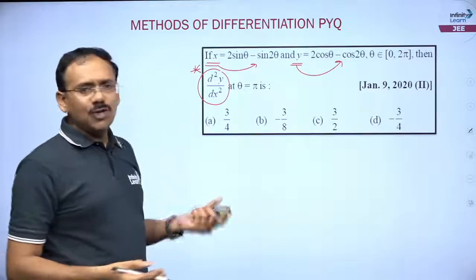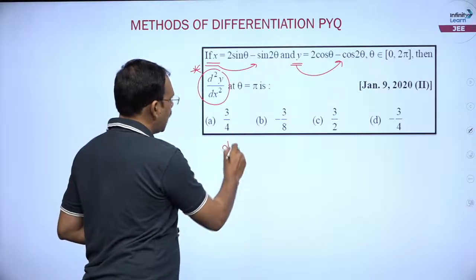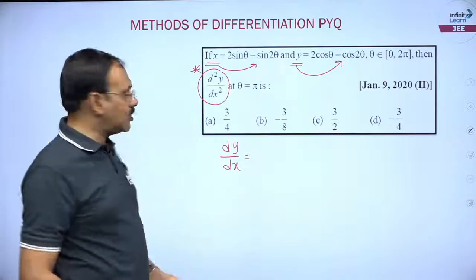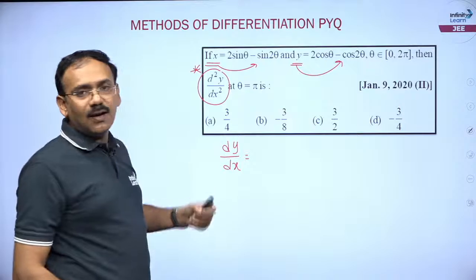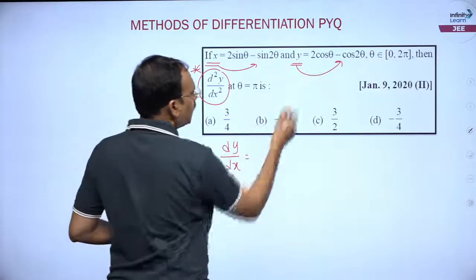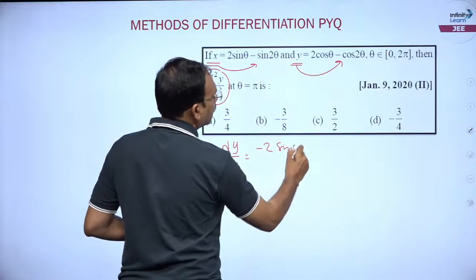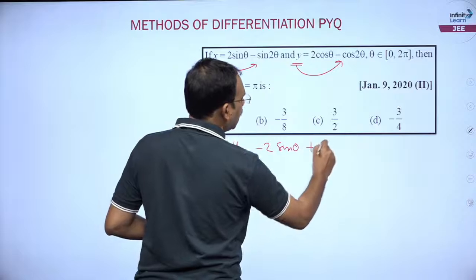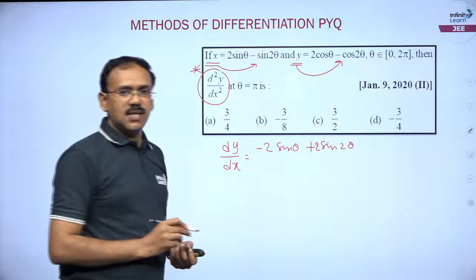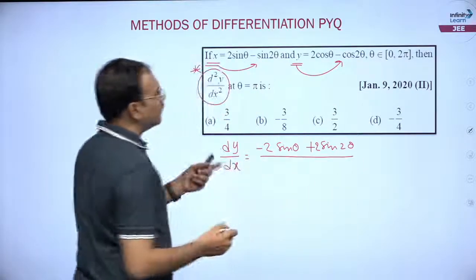So, first what you need to do is find the first derivative. So, in case of these, how will you find dy by dx, friends? By parametric differentiation, it is dy by d theta by dx by d theta, right? So, first you find dy by d theta. So, 2 cos theta derivative is minus sin theta minus cos 2 theta derivative is minus sin 2 theta into 2. This is dy by d theta, right, by dx by d theta.